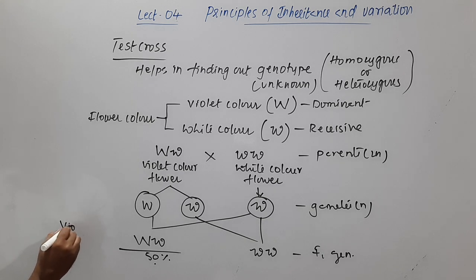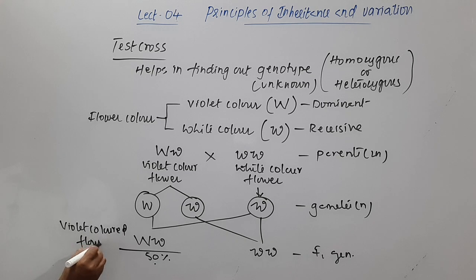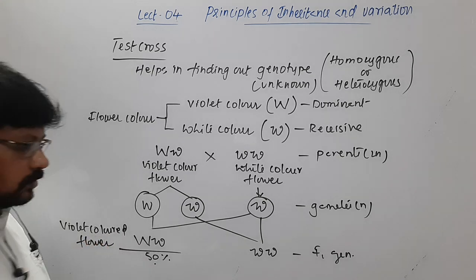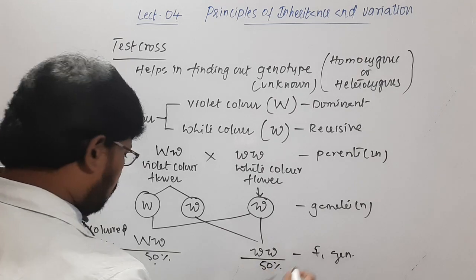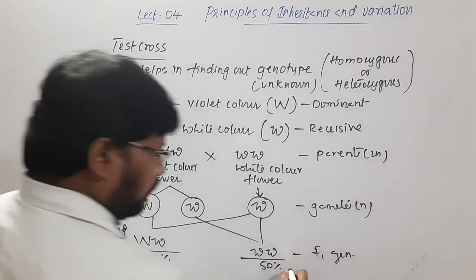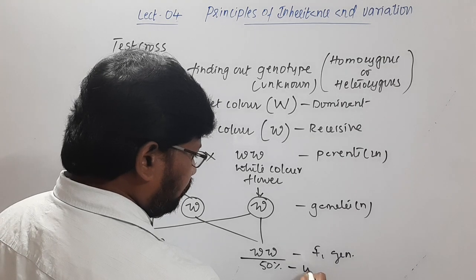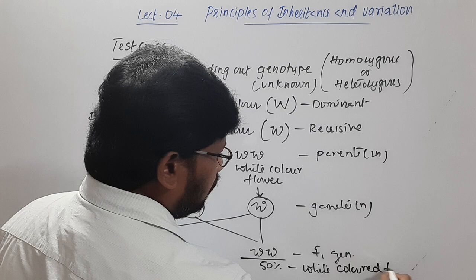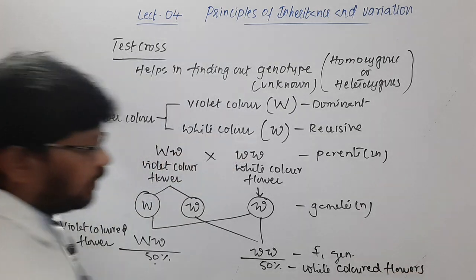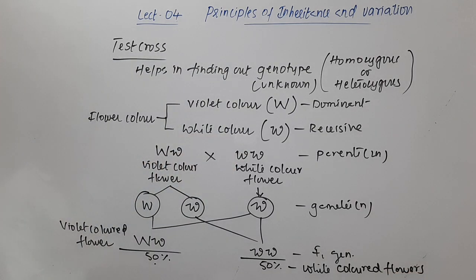So we get two such categories, half of them violet colored and half of them white colored.